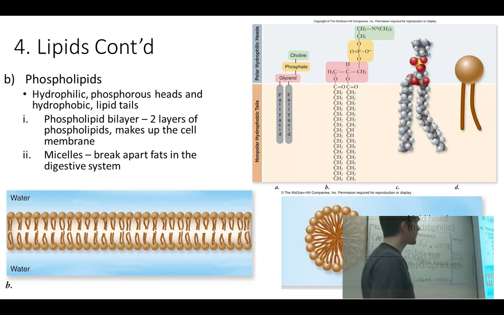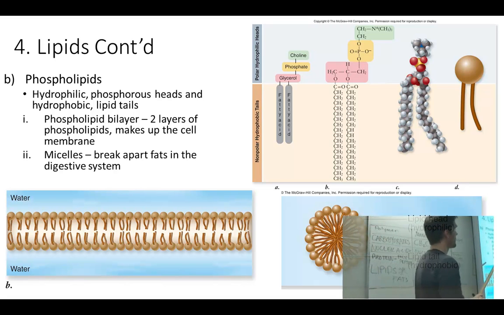Okay, another example of where these are used is in micelles. Micelles act kind of like detergents in your laundry or in your dishes. They have this phospholipid shape, so they are part hydrophobic and part hydrophilic. And so to get the grease out of a pan, you use soap.